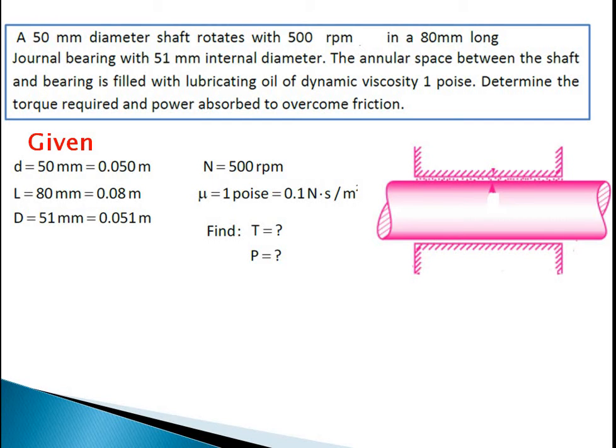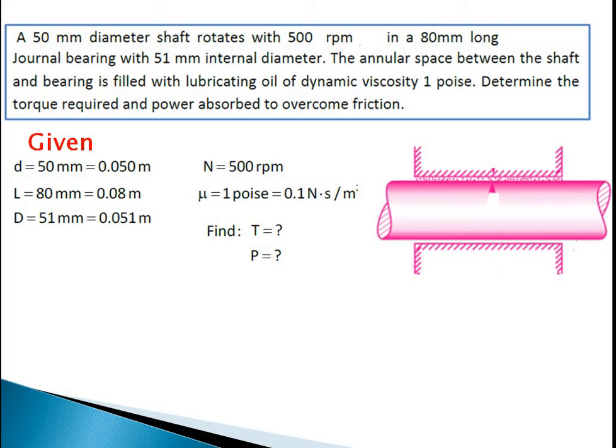Now this is a problem related to a shaft and bearing connectivity. In this problem, the diameter D of the shaft is given as 50 mm, the length is 80 mm, and the diameter of the bearing is 51 mm.